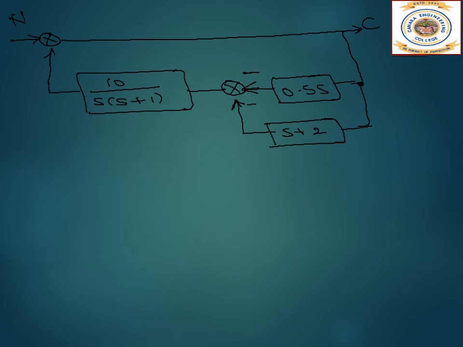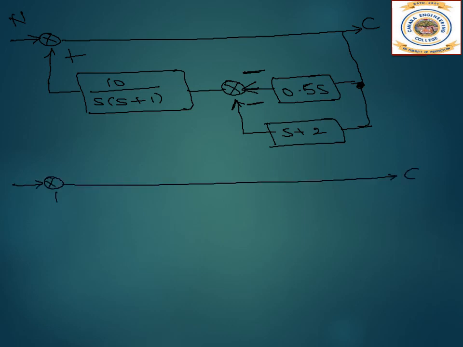Now let us see how to simplify this. Now check out here, this 0.5s and s plus 2. See, same, it starts from this takeoff point, ends at this summation point. Both are minus over here, and this we had as plus. So I can add this up with the negative sign. But I'll just again redraw this.